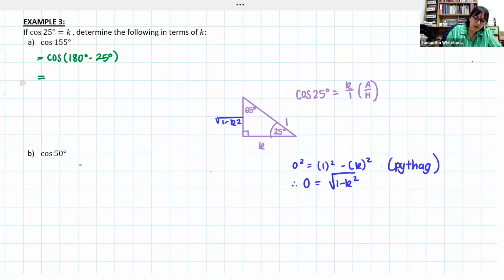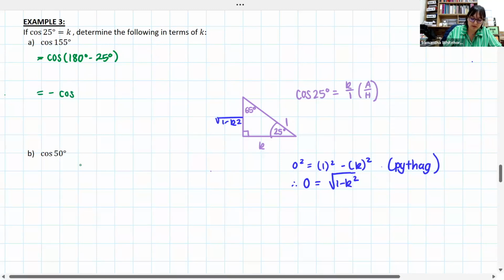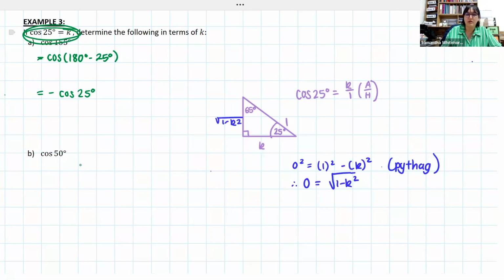Now, 180 minus is in quadrant 2. This is where cos is negative. So we're actually working with negative cos 25 degrees. Now, we already know that positive cos 25 is k, so negative cos 25 is negative k.